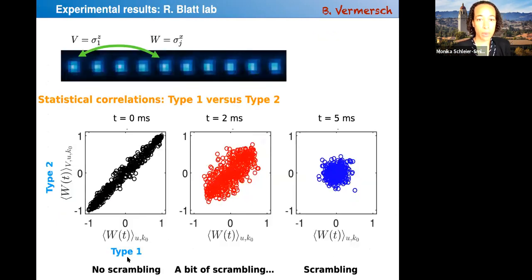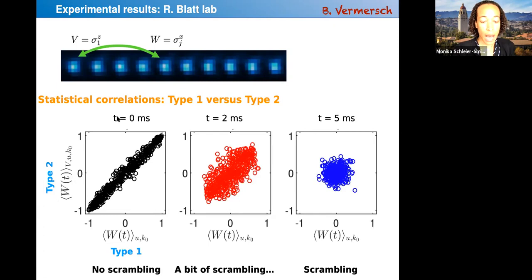And here's an example of a measurement that they get in this system. Type 1 is the measurement where they just prepare a random state, and then they measure sigma x on a particular site after some time evolution. Type 2 is the case where they prepare a random state, but before the time evolution, they apply this perturbing operator, which is sigma z on site 1.